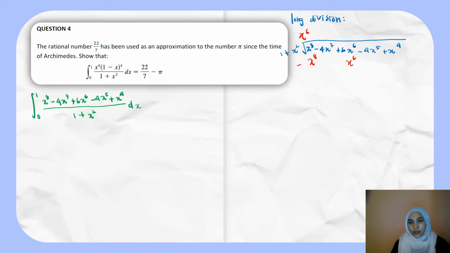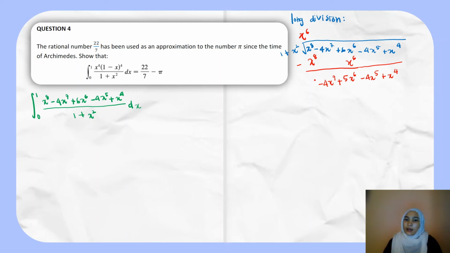Subtract this term right here. So you will get 0. And this you will get minus 4x to the power of 7 plus x to the power of 6, minus 4x to the power of 5 plus x to the power of 4, which you just bring down.